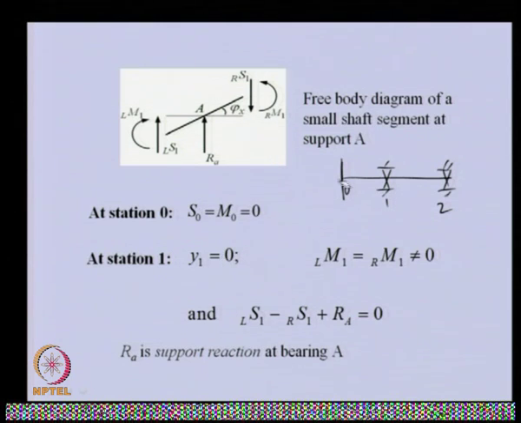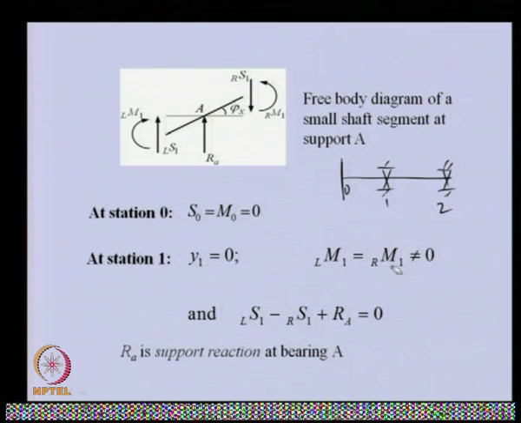At station 1, which is at the support, the displacement y1 will be 0, and in this particular case the bending moments in the right of support 1 and left of support 1 will be equal, and you can see that they will not be 0.